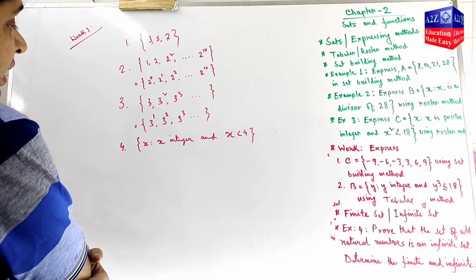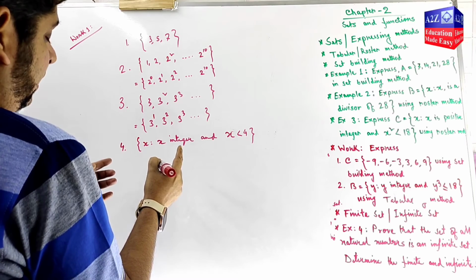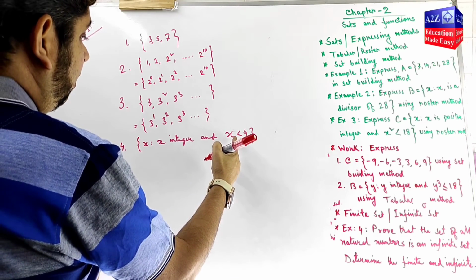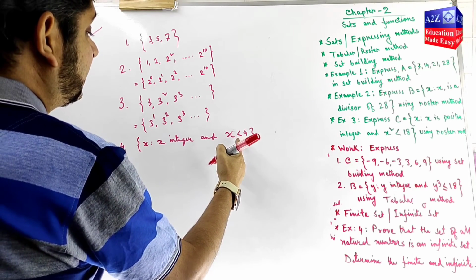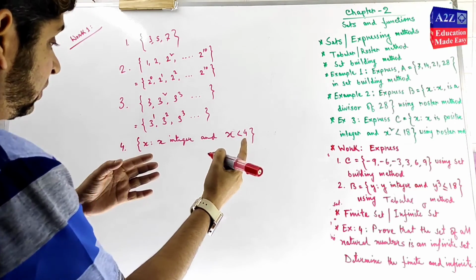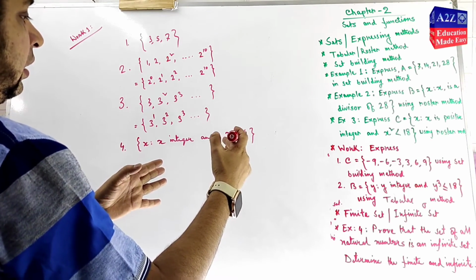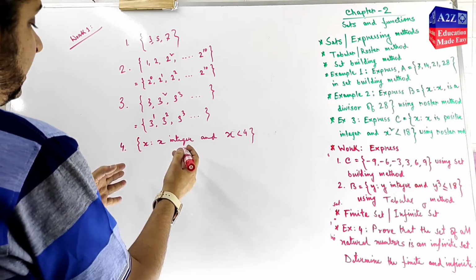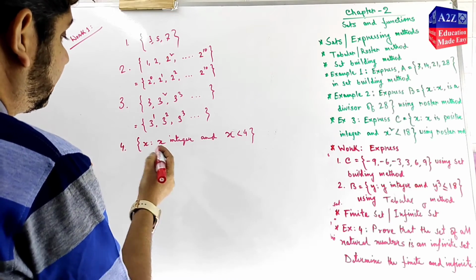If this is an MCQ question, the short answer is: x is less than 4, so it may have a limit on the positive side, but since integers can be negative, on the negative side there is no limit. So this is an infinite set.